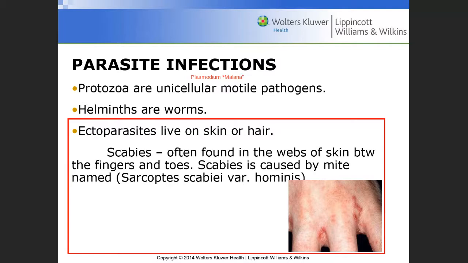And typically they're at different stages. I don't think we need to know the different stages. The ring stage, the trophozoite stage and so forth. But as they mature, they will leave the red blood cell, and upon exiting, they destroy red blood cells. So that's when red blood cells go down, hematocrit goes down.